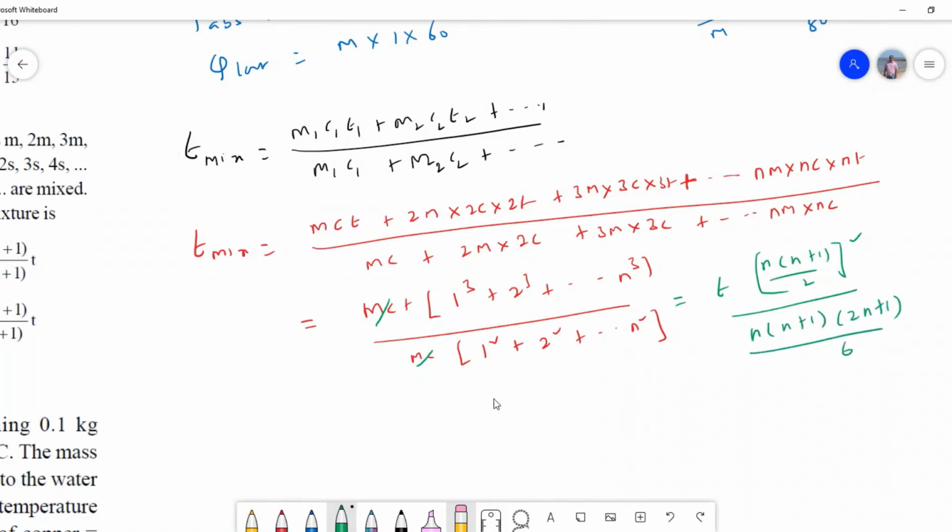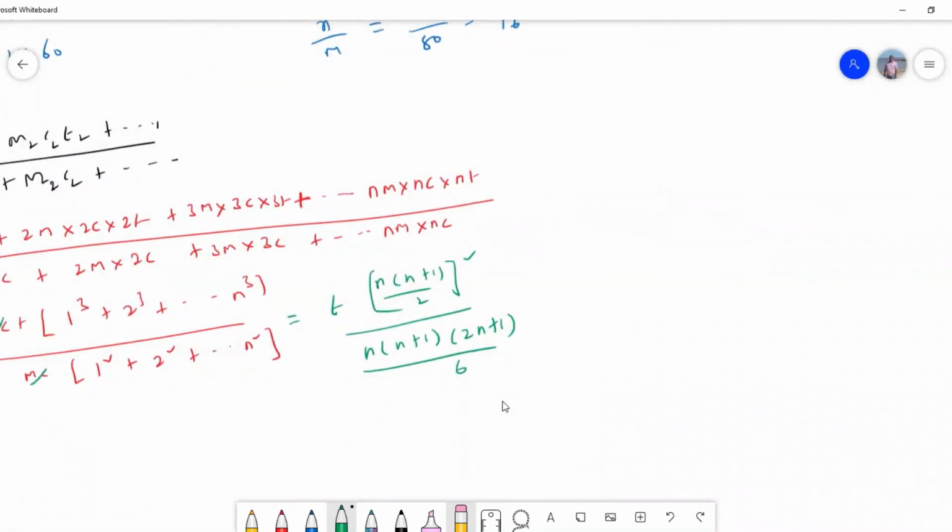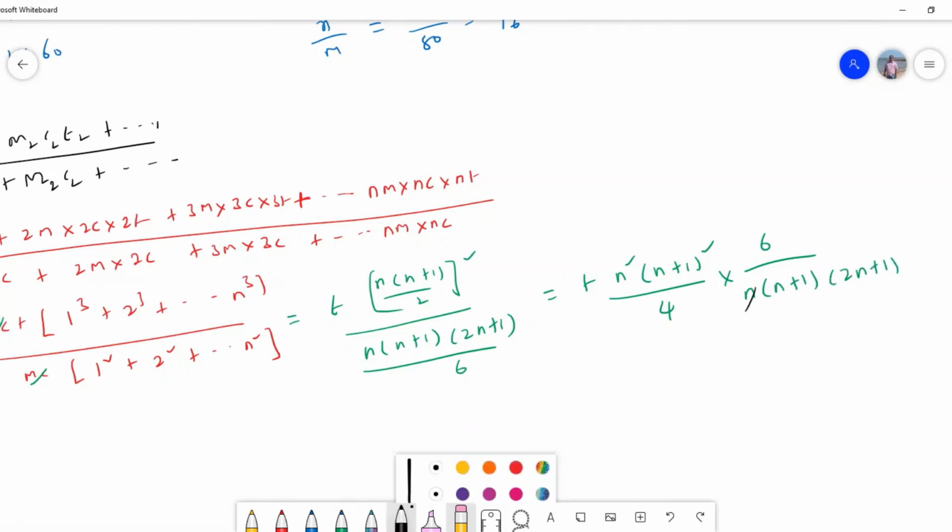So let us further simplify this. This is nothing but T into N square into N plus 1 whole square by 4, and 6 will go up, N into N plus 1 into 2N plus 1. So clearly one N cancels, N plus 1 cancels. So 2 times, 3 times.